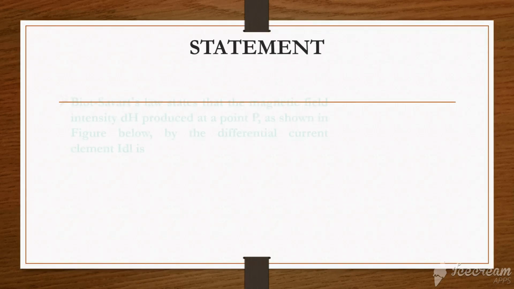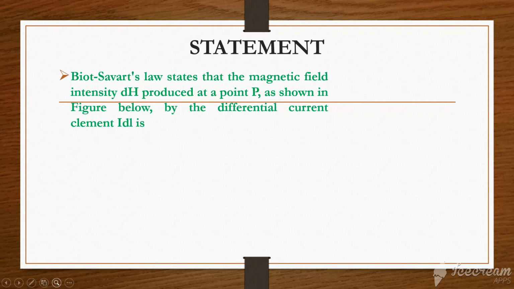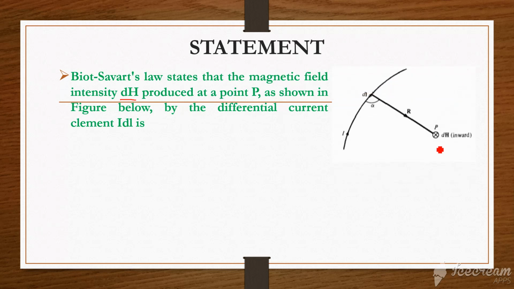So the statement of Biot-Savart law is: it states that the magnetic field intensity dH produced at a point P. Consider this figure.